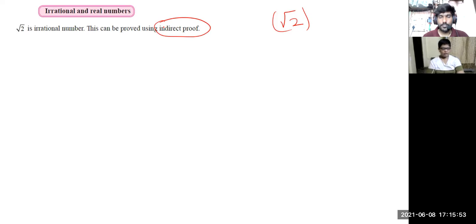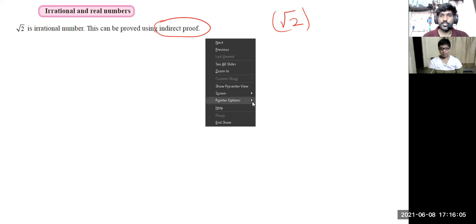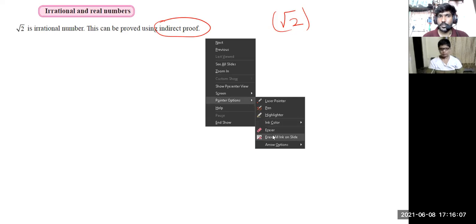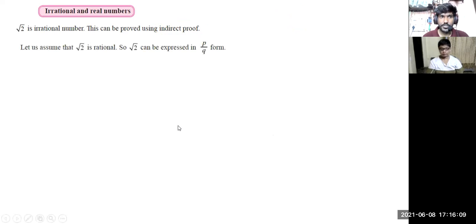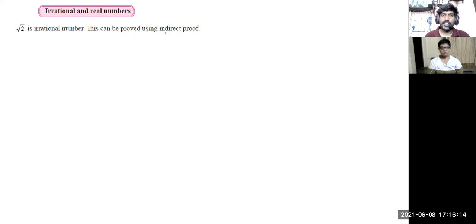It cannot be written in the form of p upon q, q not equal to 0. That is why root 2 is irrational. Now, there is a proof for it. Let's understand the proof, which is called an indirect proof.